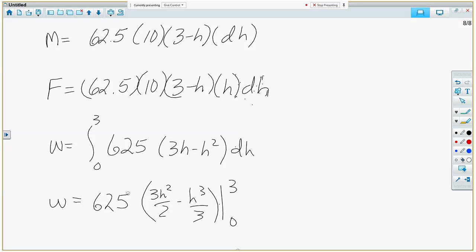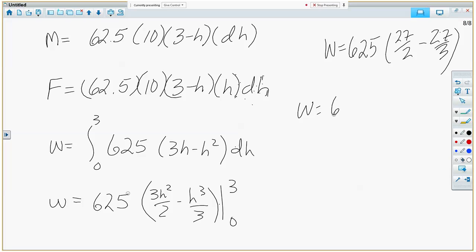And that would be 625 times, 3 squared is 9, 27 halves minus 27 thirds. W equals 625.